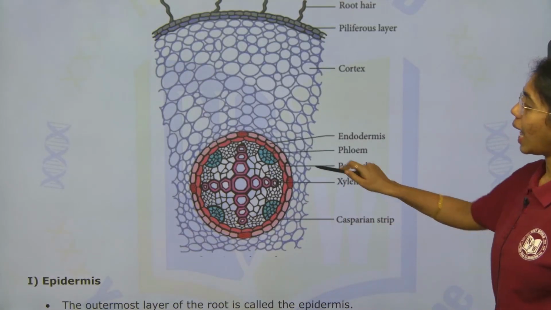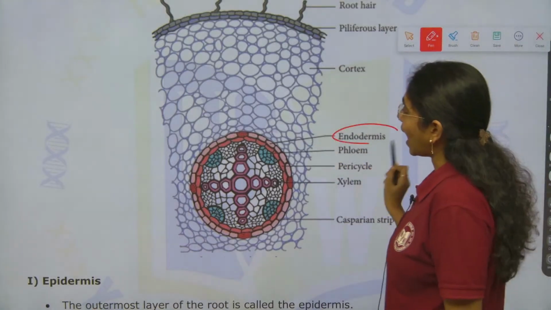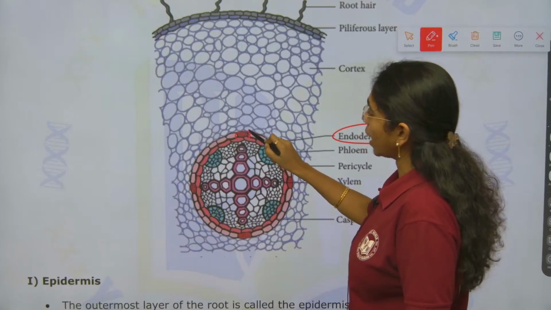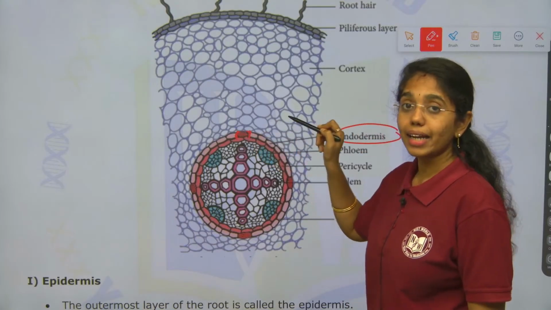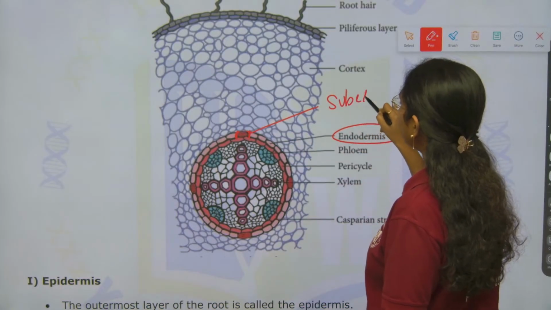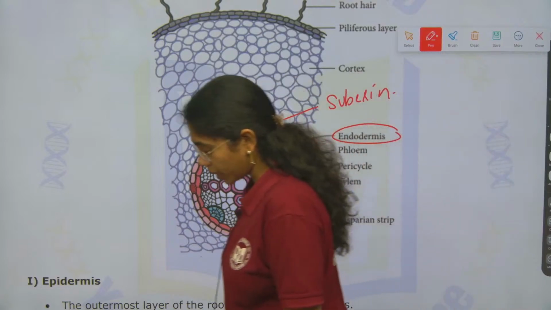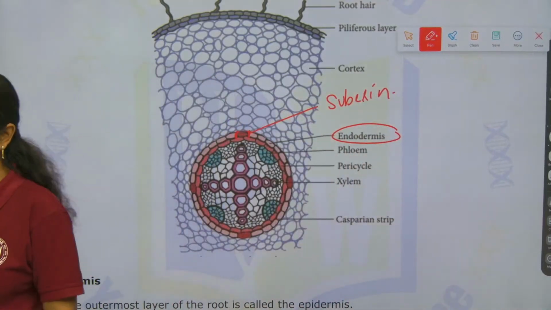So, here you see the last layer of cortex is endodermis. Endodermis has the Casparian stripes, which are radial and tangential depositions of suberin. Very important. It has radial and tangential depositions of suberin which are addressed as Casparian stripes.